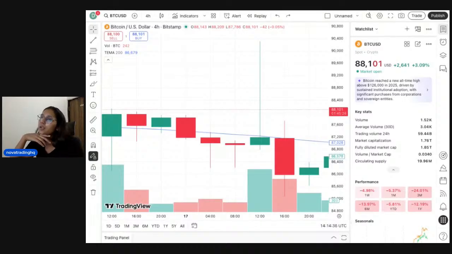From a technical point of view, this is where you explain that markets do not crash from strength, they collapse from failed strength.